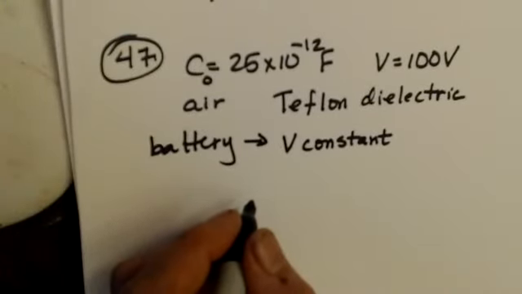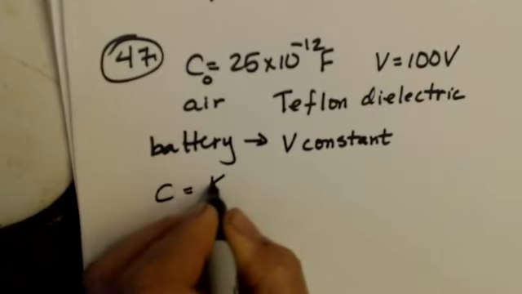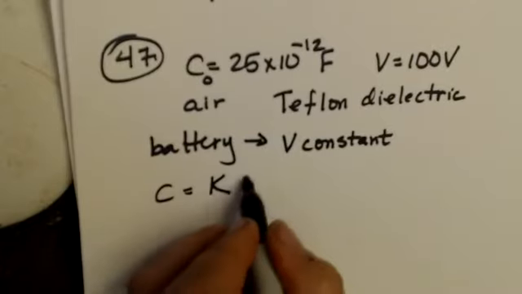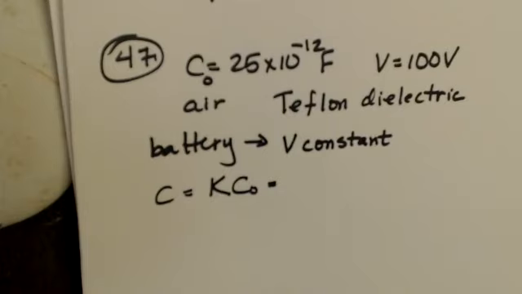So the first thing I need to do is find the new C, which is my dielectric constant kappa times my old capacitance. So I have to look up kappa for Teflon. Now, if I had this problem on a test, I would have to give you the number, or I would have to tell you where to look it up, okay?